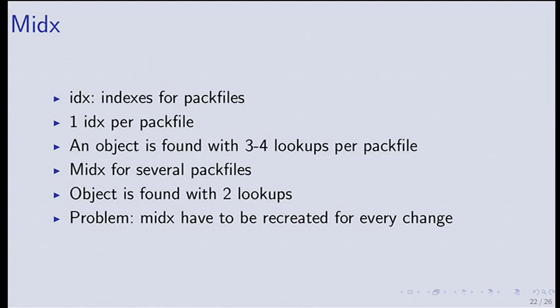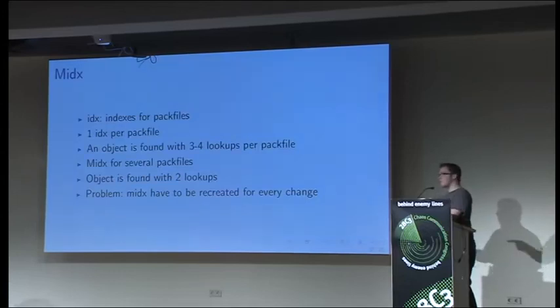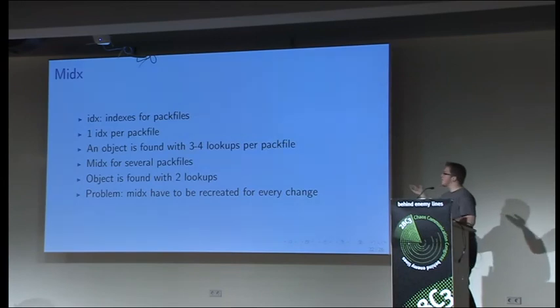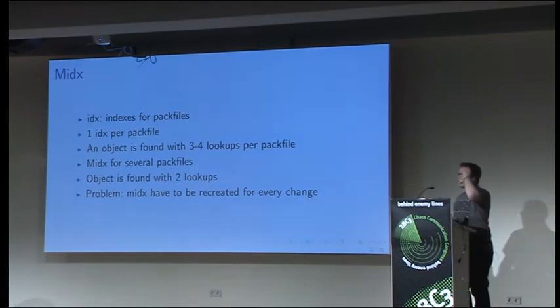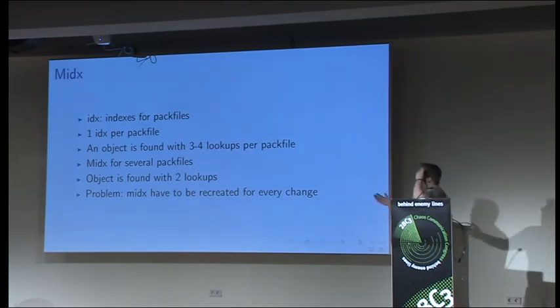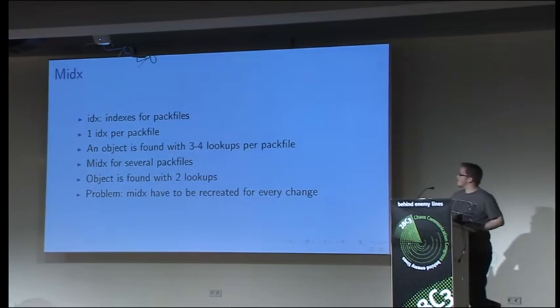And if you do backups, you want to check, do I know this blob or do I know this tree? Okay, I have to iterate over all pack files. I didn't find it. Next pack file, I didn't find it. 3 to 4 lookups per pack file. If you divide, I don't know, 200 gigs by 8 kilobytes, you know how many objects you get. And this is many lookups.